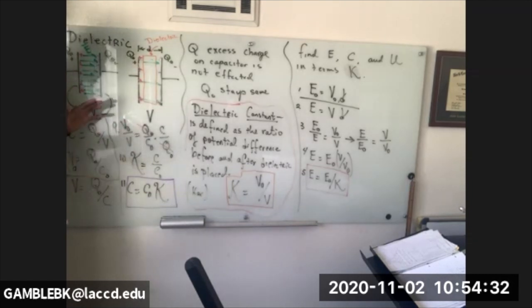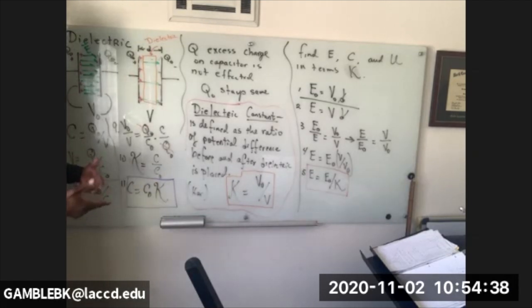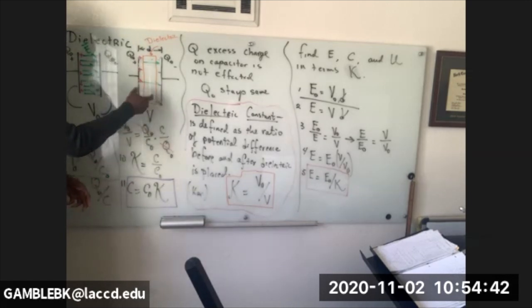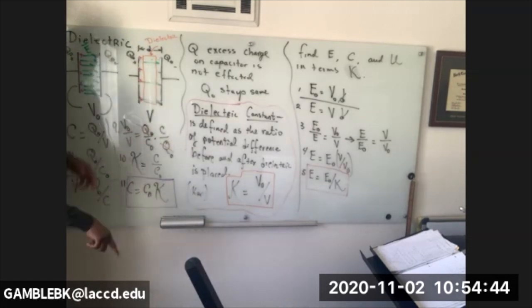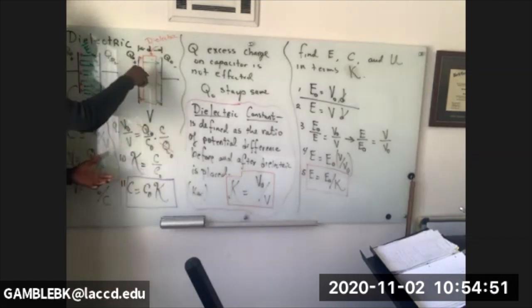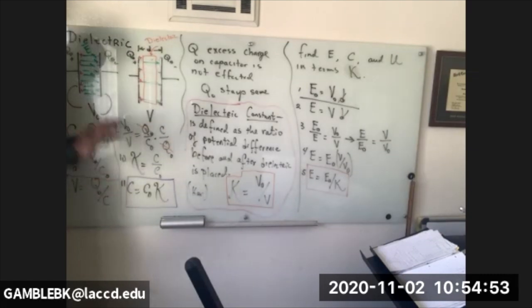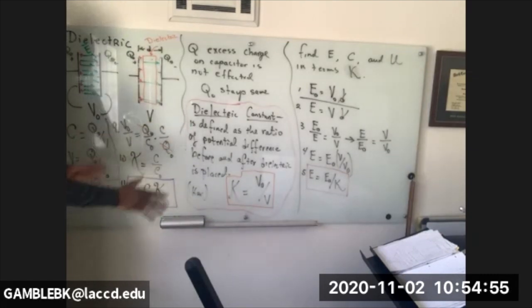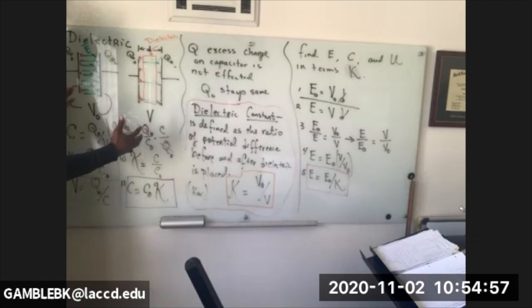You might have to think about that just to see what I'm saying, but increasing the capacitance does increase the capacity of putting charge on. So if I then took this capacitor, put it back in that same circuit that we used to charge it in the first place, I could then put more charge on it as long as that dielectric is inside. Again, that's a different scenario than what we're considering right here, right?